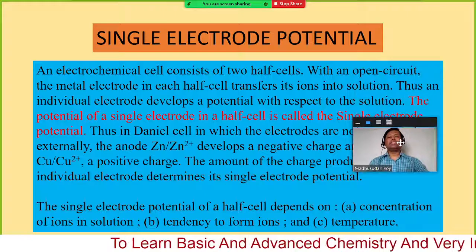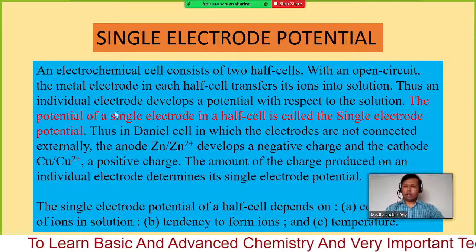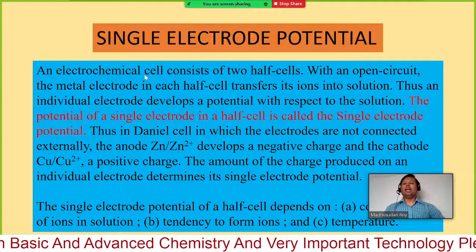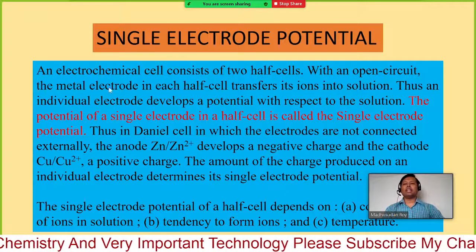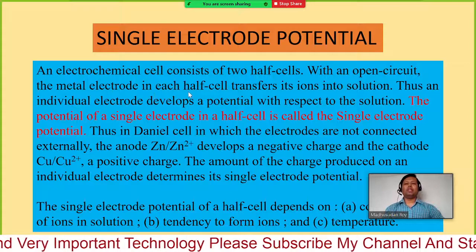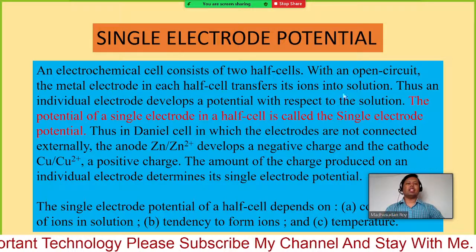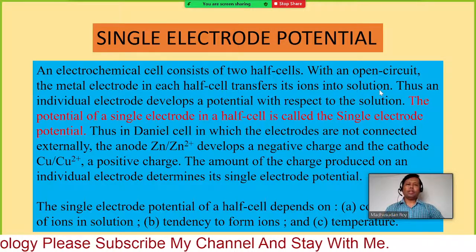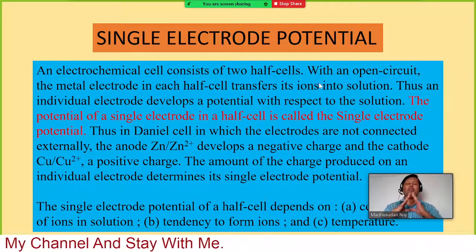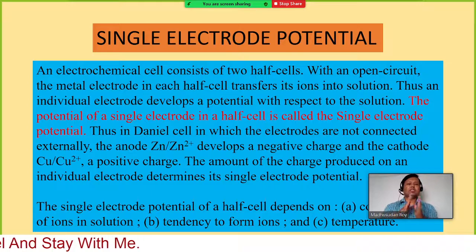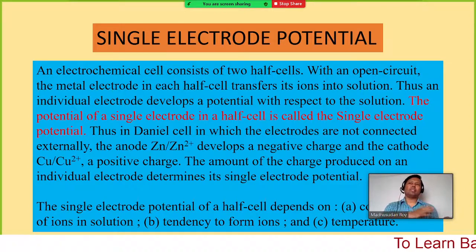So let's see single electrode potential. Already I have mentioned a similar thing. An electrochemical cell consists of two half cells with an open circuit. The metal electrode in each half cell transfers its ion into solution. If you have an open circuit, that means the two half cells are not connected. Just one part, another part, we are not connecting with any wire or other connection.